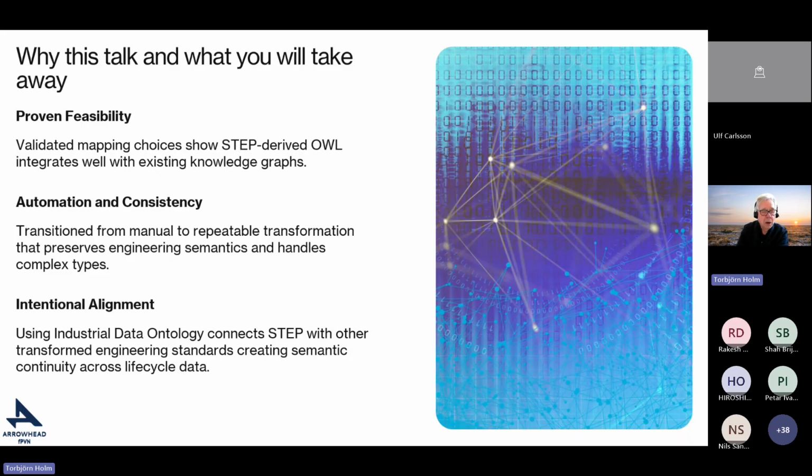And we've been using the industrial data ontology to connect the STEP ontology with other ontologies using alignment. So we have not just one large knowledge graph. We have 1, 2, 3, 4, 5 different knowledge graphs that play together to resolve the requirements from the business processes.